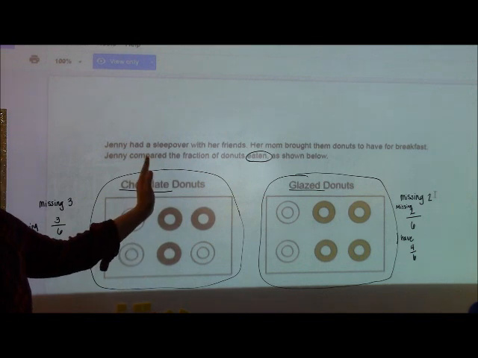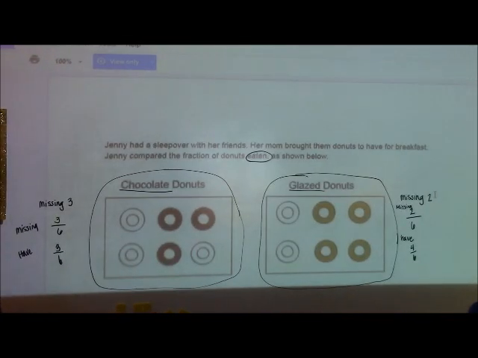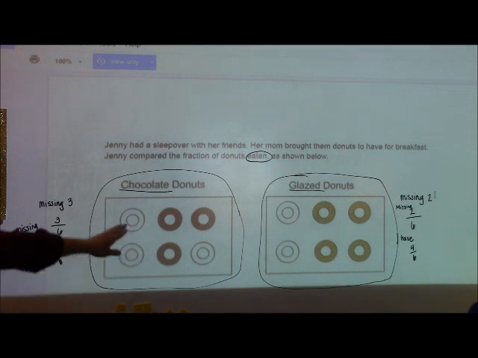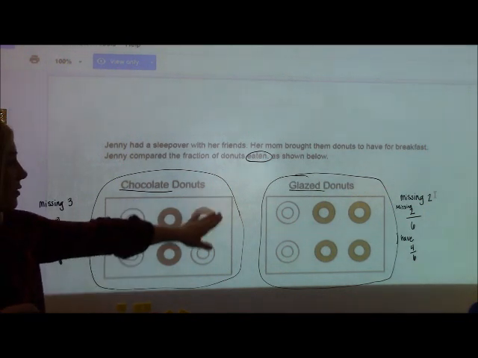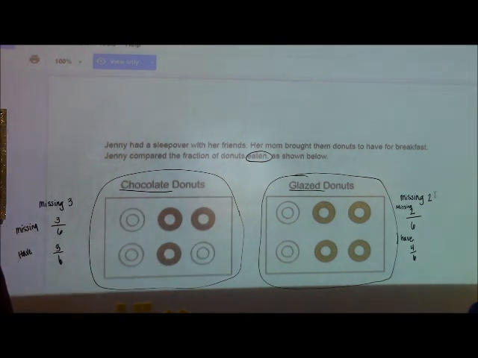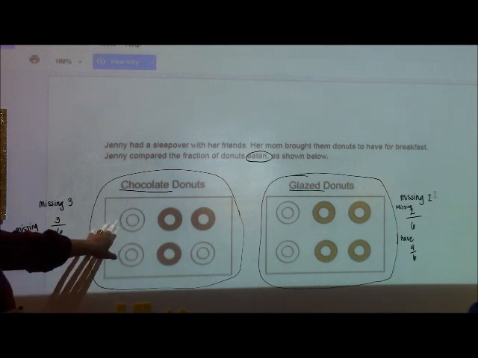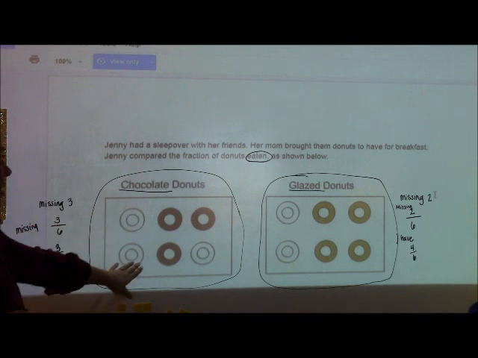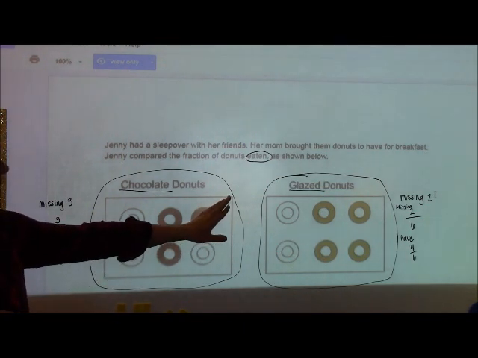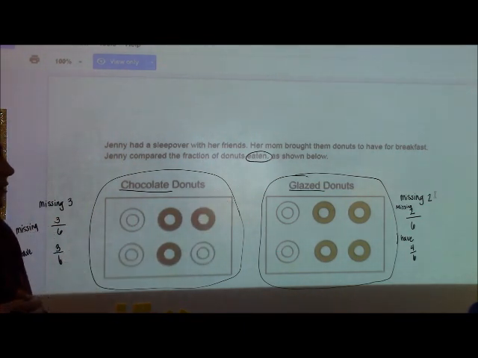So based on what I just read, what can we infer? What can we infer, Adam? That 3 of the chocolate donuts were eaten and 2 of the glazed donuts were eaten. Okay, good. So based off of that, I can look at that 3 of the chocolate donuts were eaten and 2 of the glazed donuts were eaten.